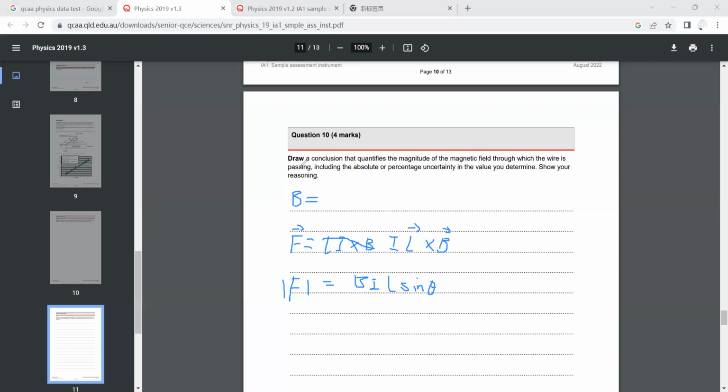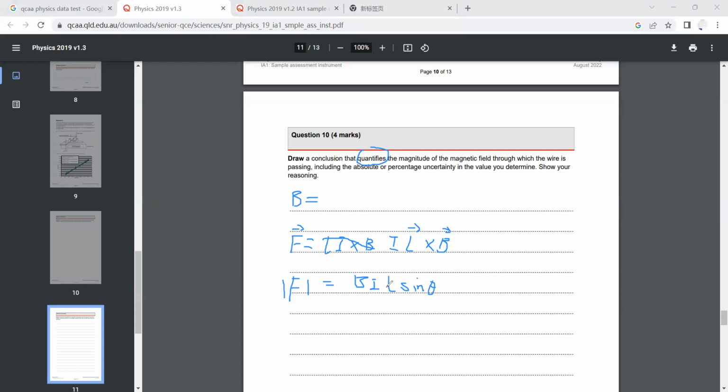So here they ask us to quantify, so it certainly refers to the magnitude of B. To find the magnitude of B, we can rewrite this formula. We know L and sine theta. L is 0.02, the length of the wire between the magnets, and theta is 90 degrees.